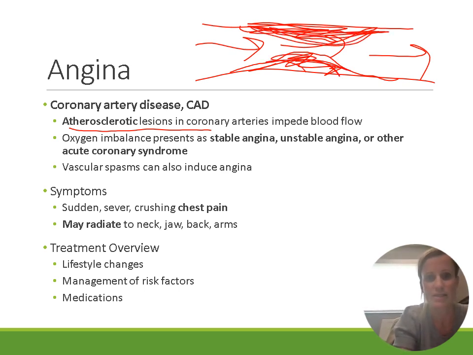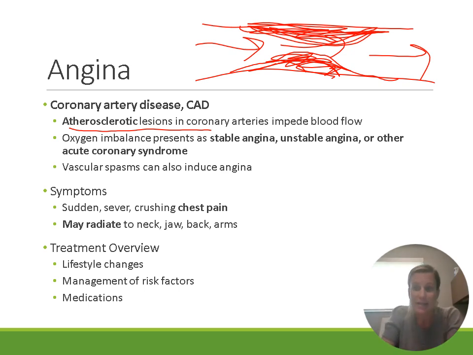That decreases the size of the blood vessel. So now not as much blood is able to be delivered through those coronary arteries. So if the myocardium is not getting enough blood, it's not getting enough oxygen. So there's going to be an imbalance between the oxygen demand and oxygen supply. That imbalance results in ischemia and pain, chest pain.